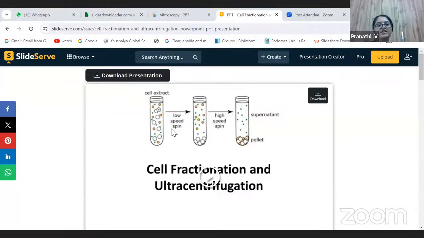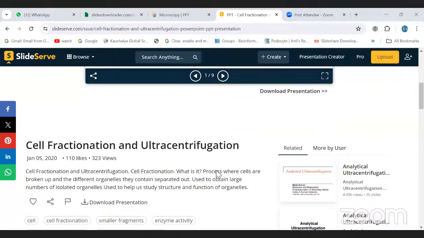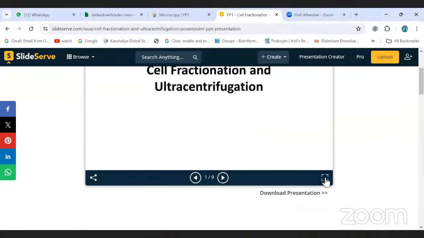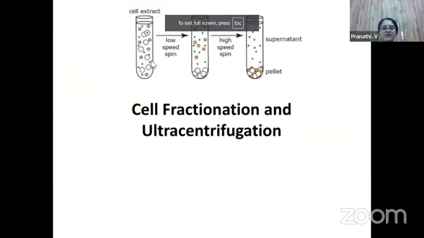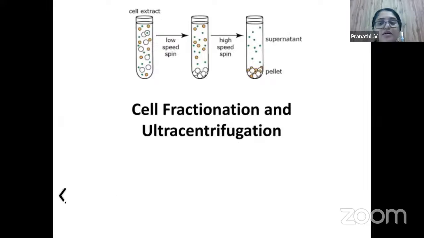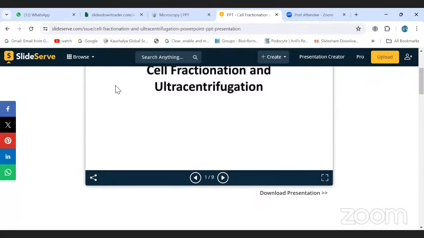Right. So when it comes to cell fractionation, what are we seeing basically over here? We are going to separate the particles that are present in the cell. Please give me a moment. I'm at that particular slide that I wanted to share with you.